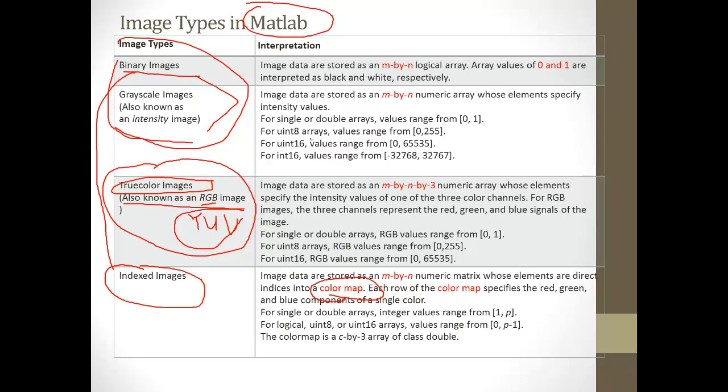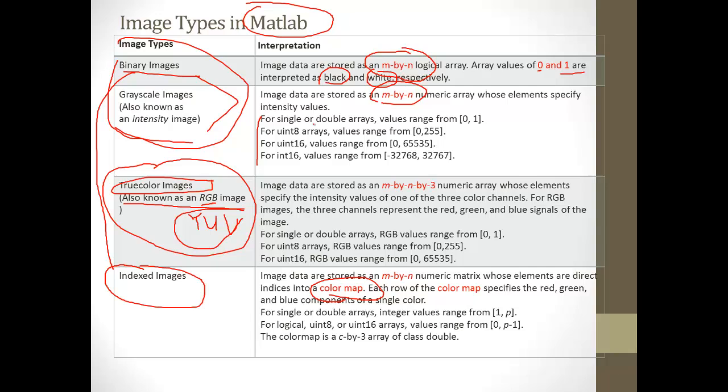So let's explain them in detail. For binary image, I already talked about it only has two values, 0 and 1. Generally, 0 means black, 1 means white. But the most important thing is it is an n by n matrix. For the gray image, it's also an n by n matrix. But based on how they're stored, they have four types here.